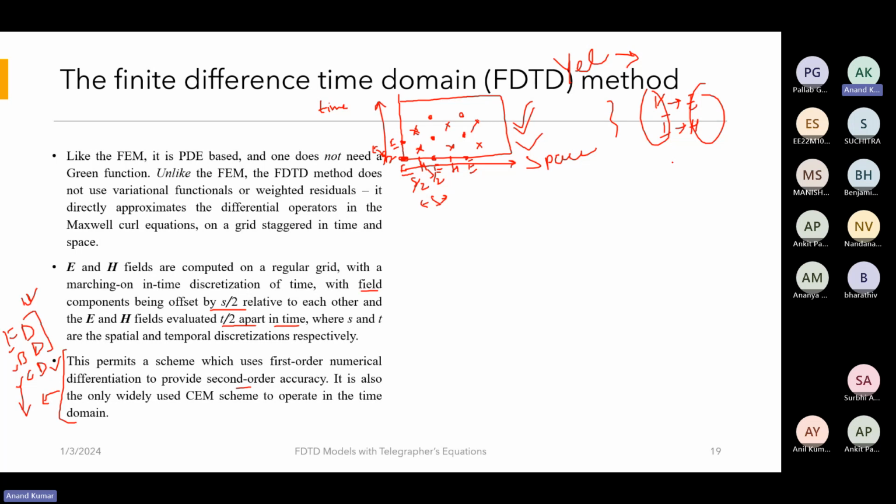I'm not very sure with this answer, but we don't need to, and hence we don't do it. They are included in the scheme implicitly somehow. I'll probably have to read on that as well, but we don't do it because we don't need to. Okay, thank you.